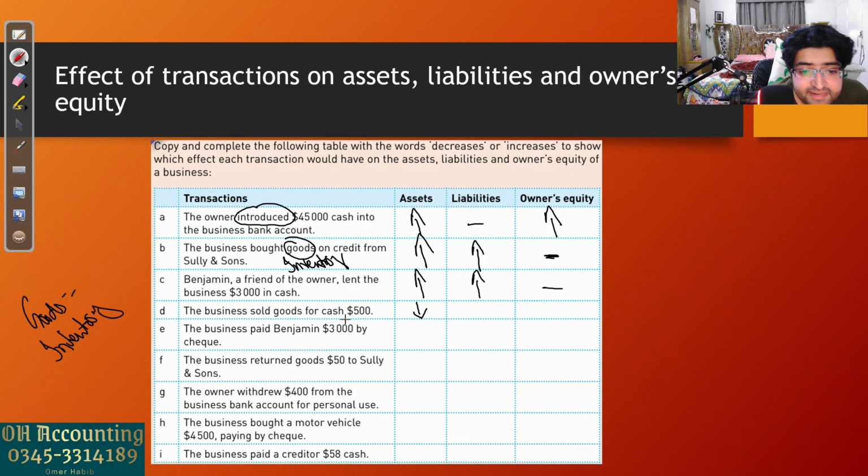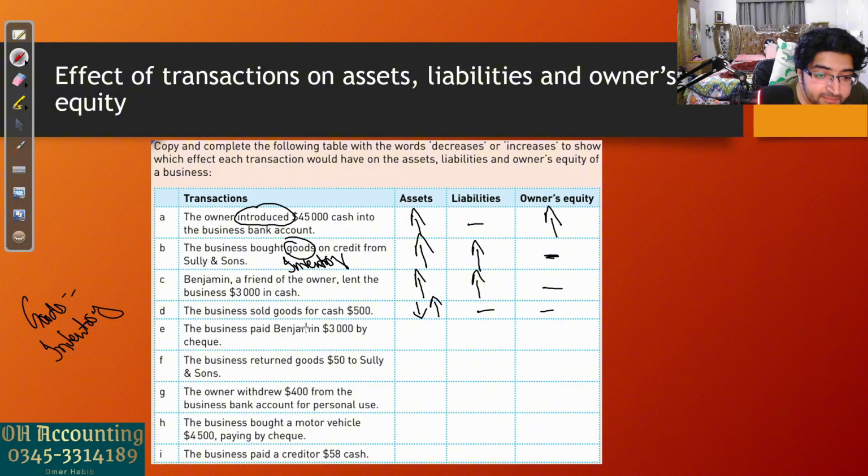But at the same time, we are receiving cash for it. And cash is also an asset. So cash is increasing in the business. When assets increase, we show it with an arrow upwards, or we can write increase. So one asset is decreasing, which is inventory, and one asset is increasing, which is cash. No impact on liabilities, no impact on capital.